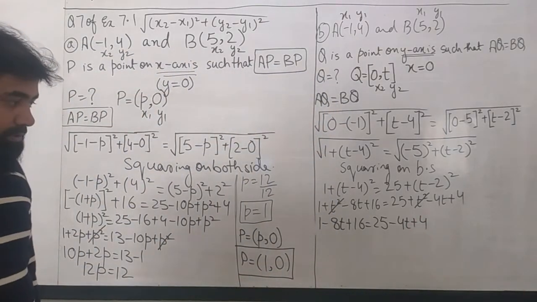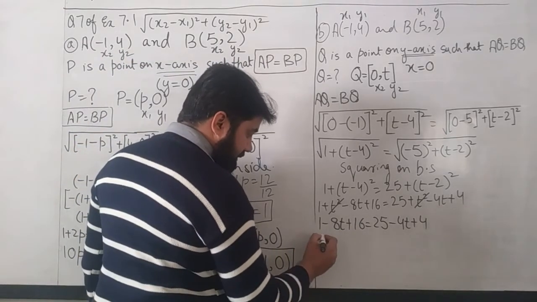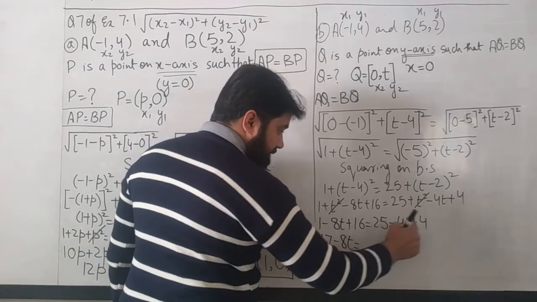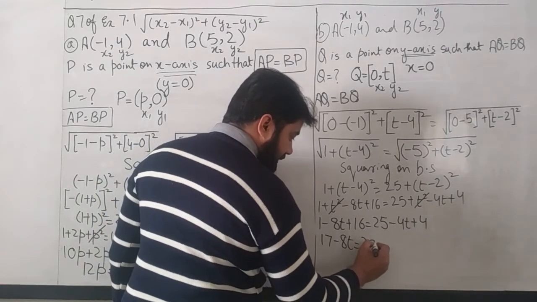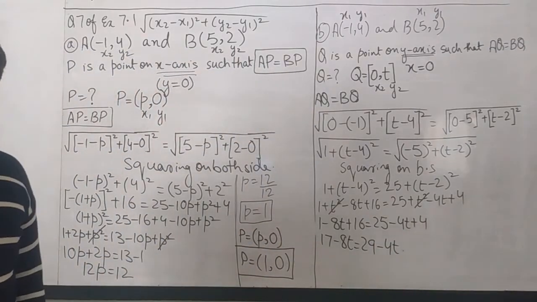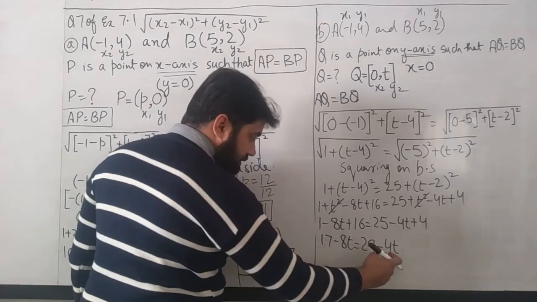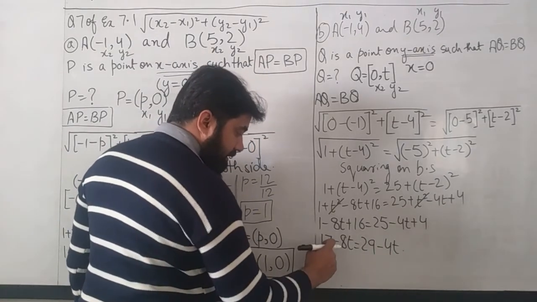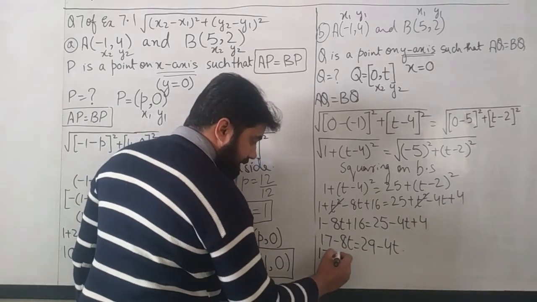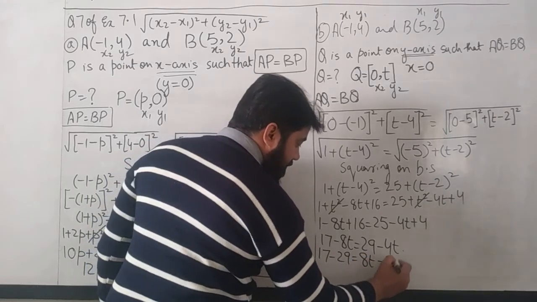Right? So let's simplify it further. 1 plus 16 will be 17 minus 8t. 25 plus 4 will be 29 minus 4t. Okay, after that, shifting this over here and that over there. So what will happen? 17 minus 29 equals to 8t minus 4t.